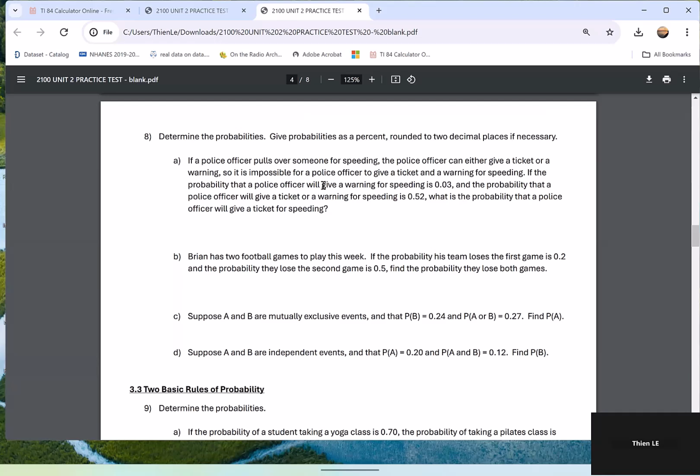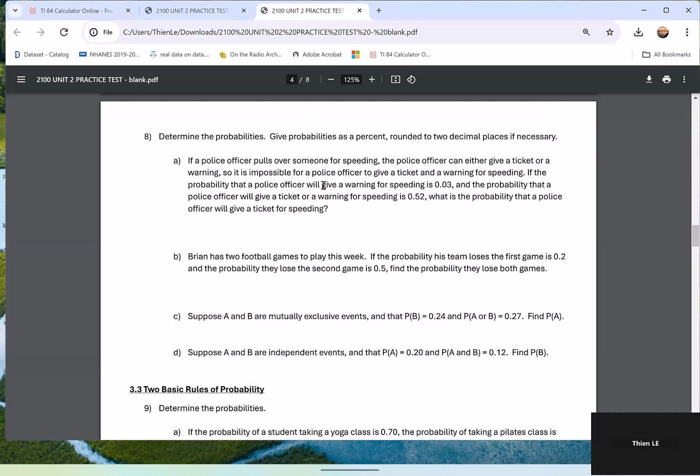Number 8, determine the probabilities and give the probabilities as a percent, rounded to a decimal place if needed. If a police officer pulls over someone for speeding, he either gives the person a ticket or a warning.